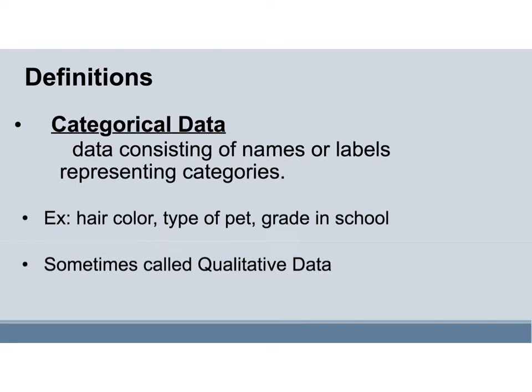Categorical data consists of names or labels representing categories, like hair color, type of pet, grade in school, data that isn't a number. This is also sometimes called qualitative data. So sometimes in my stat lab, you'll see qualitative data instead of categorical data, or in other books you'll see qualitative data instead of categorical data.